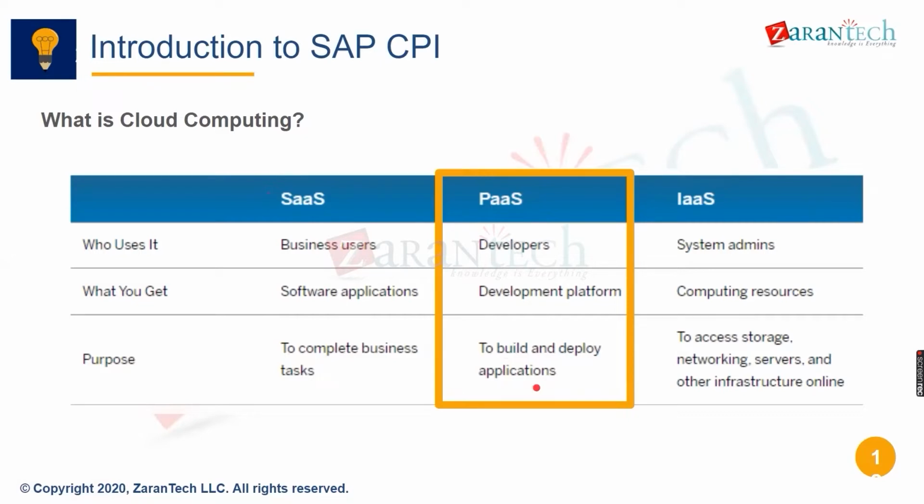You do your CPI integration flow, you deploy, you do the testing. That's the main purpose: build and deploy. Then what is the purpose of infrastructure as a service? As we know, infrastructure is basically about storage. You can store a large amount of data and access it online. That is the main purpose of infrastructure as a service.